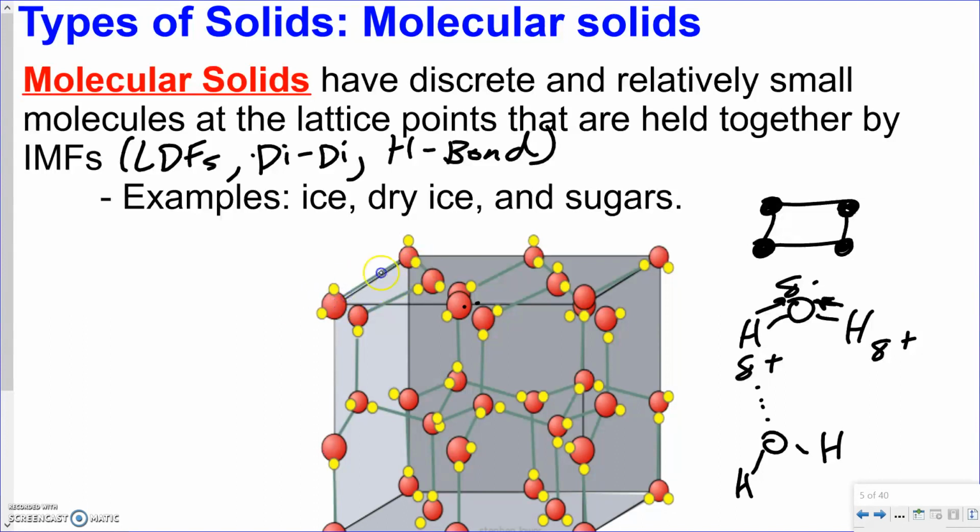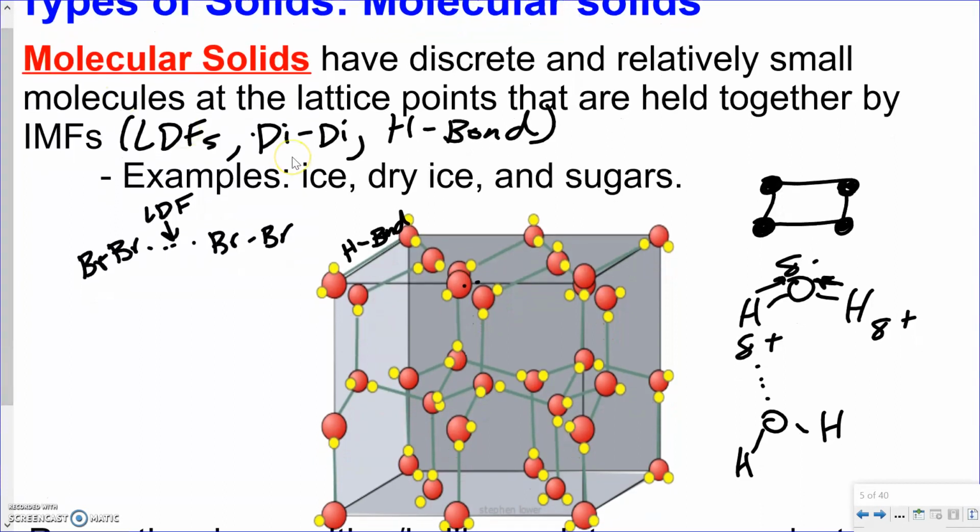So here, because it's water, we have a hydrogen bond, versus if I was dealing with a bromine molecule, their attraction would be an LDF because it's nonpolar. So it just depends on the type of molecule we're dealing with, and the type of intermolecular forces. So again, this is a continuation of what we've already discussed.